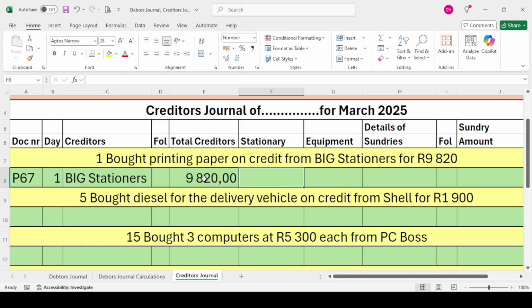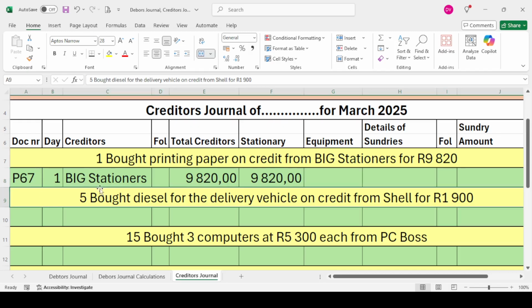If you do not have a column for it, it's going to go under your sundries. In this case, guys, it was stationery. So we're going to insert the same value under stationery, 9,820 Rand. That's it. Your first transaction is done.